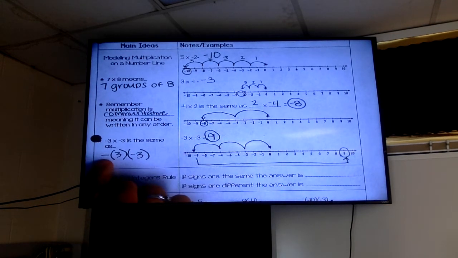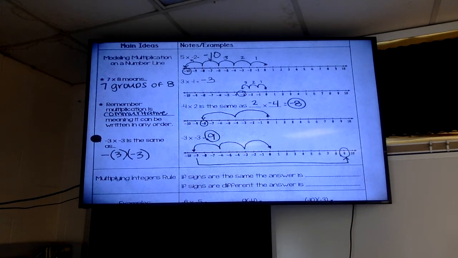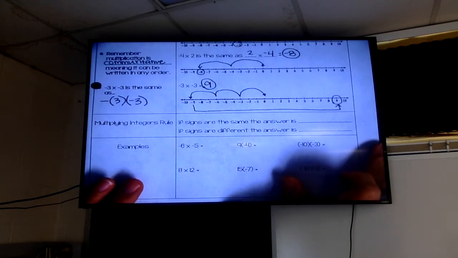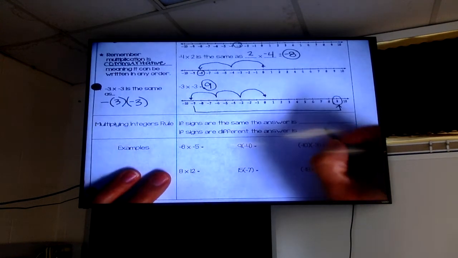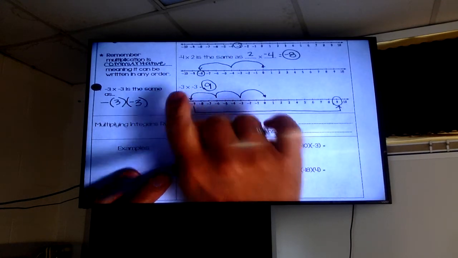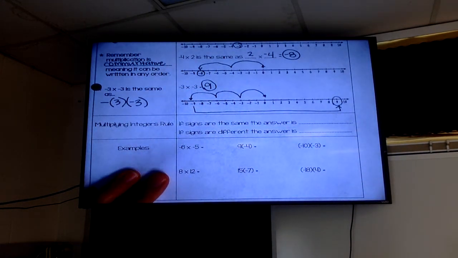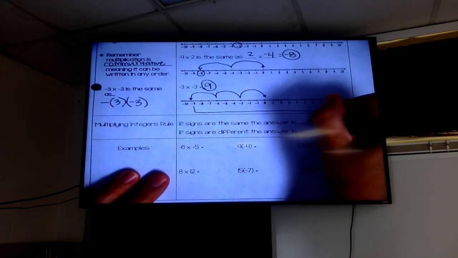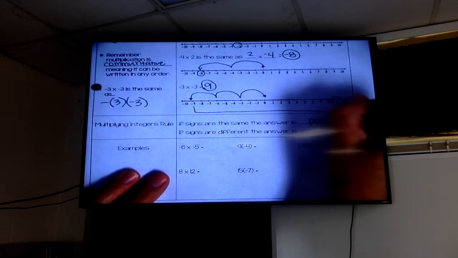I think of it again as the opposite of 3 times negative 3. So that leads us to a rule for multiplying integers. If the signs are the same, so if I am multiplying 2 negative numbers or 2 positive numbers, my answer will always be positive.